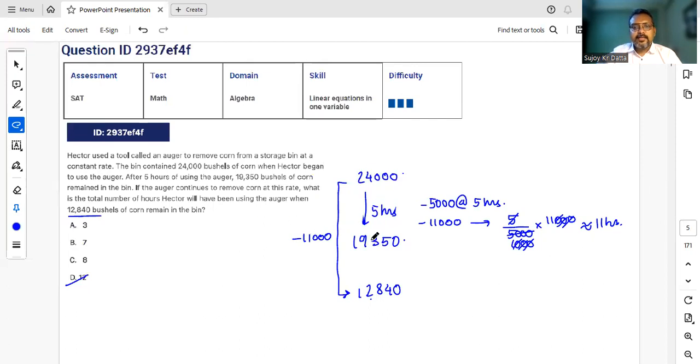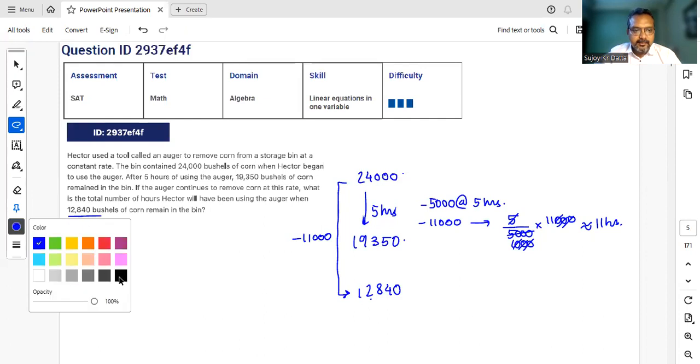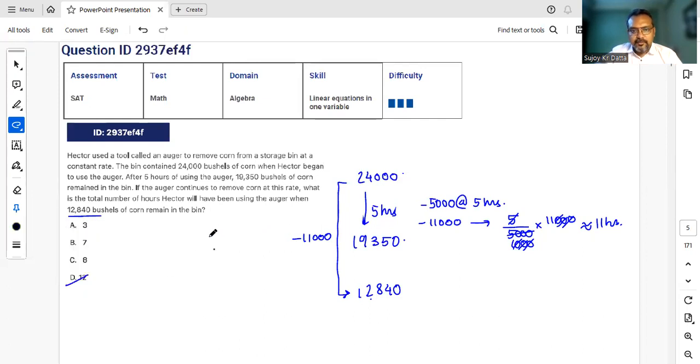So 24,000 to 19,350. If I now do the exact calculation, that difference is going to be 4,650 in 5 hours. And to get this to 12,840, I would need to do 11,160 in how many hours?